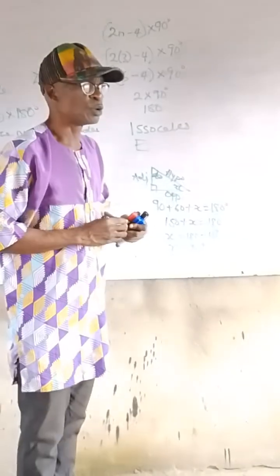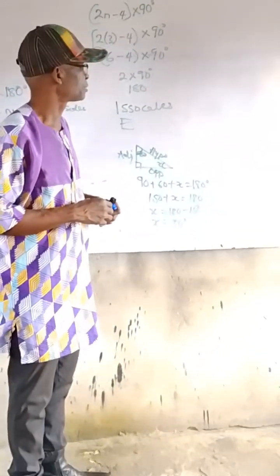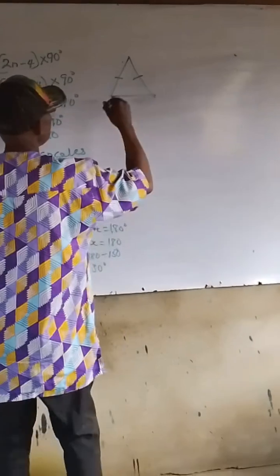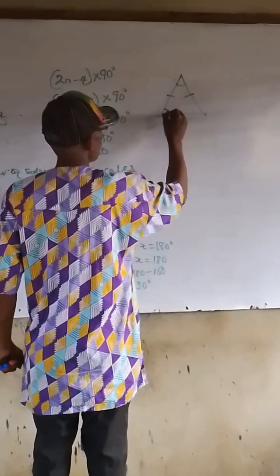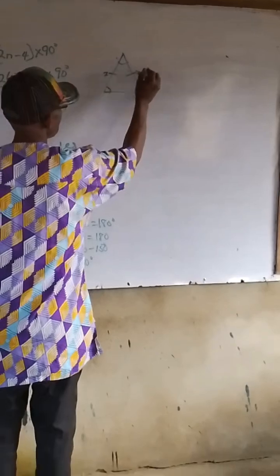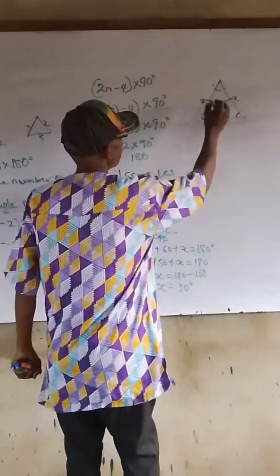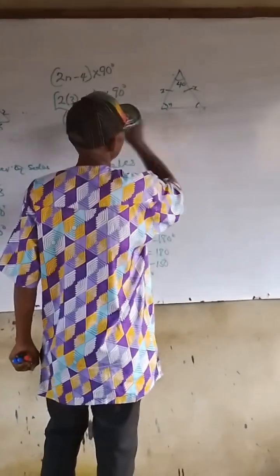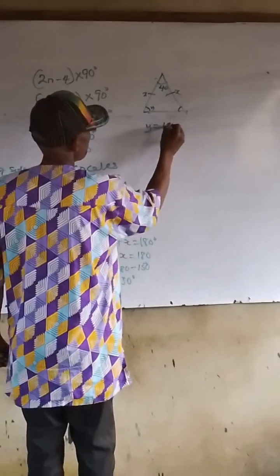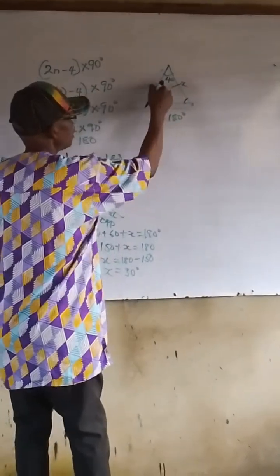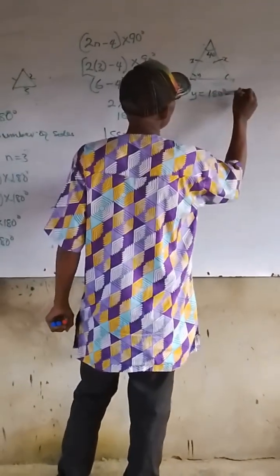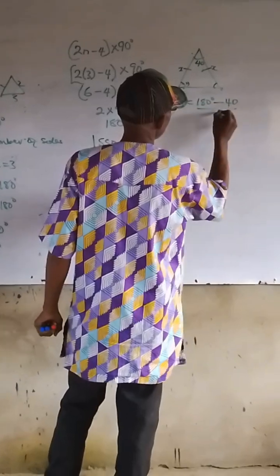On the other hand, we also have another triangle known as isosceles triangle. If you have something like this, the mark here and the mark here mean these two angles are the same, and this side and this side are also the same. That means if here is given to you as 40 and they ask you to find y, y will be equal to 180 degrees, because the total sum of the three angles needs to be 180, minus 40 degrees, divided by 2.